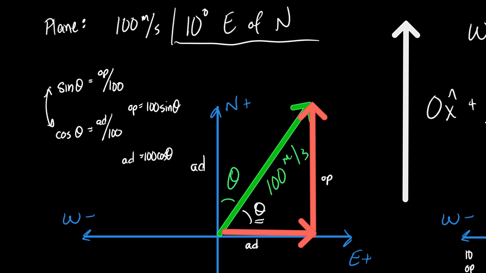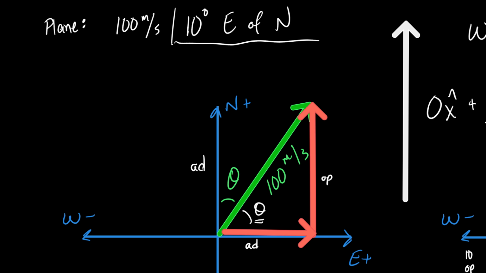Do you want to see what would happen? Because it would only take a minute. So the only change would be that when we set this up, let me erase the stuff we don't need. So it looks like this now. I would go, well, sine of theta is opposite over 100, and that seems to be the one that's in the y direction.